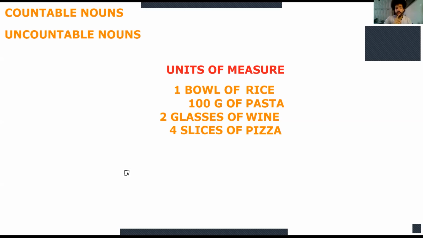But pay attention, because we have some strange situations regarding countable and uncountable nouns. I brought 3 examples of nouns that are both countable and uncountable. This happens every so often in English, and we need to be careful because sometimes we see a noun in plural, and we think automatically, well, this is countable, when it actually is not.